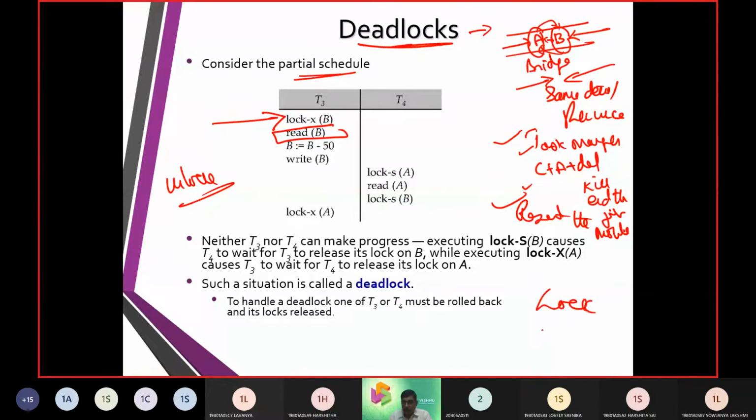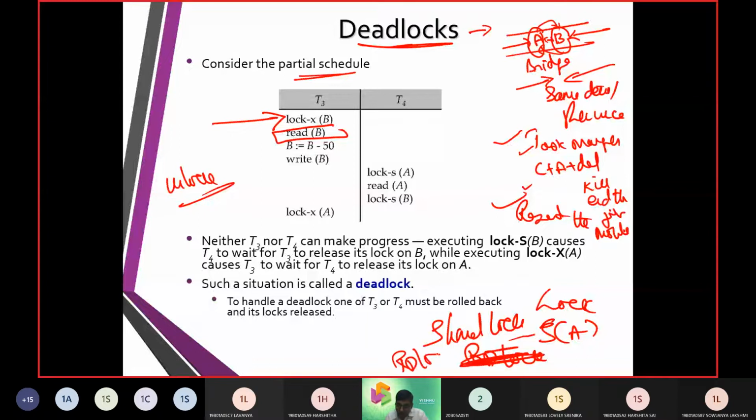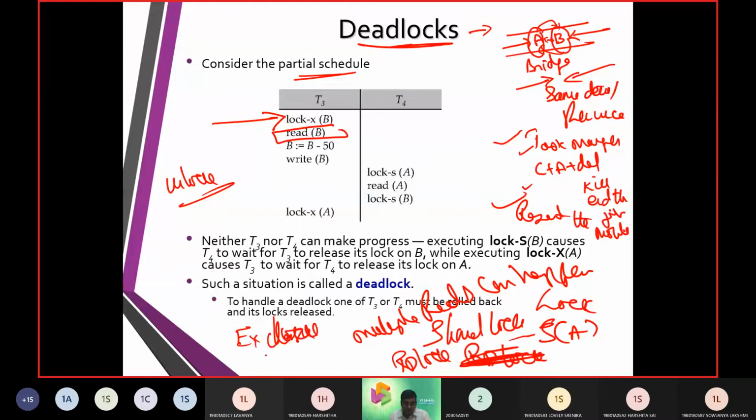When the lock is shared, we call it a shared lock, or a read lock. Multiple reads can happen. But when there is an exclusive lock, at this point of time, we can make only a write. So that was the difference.